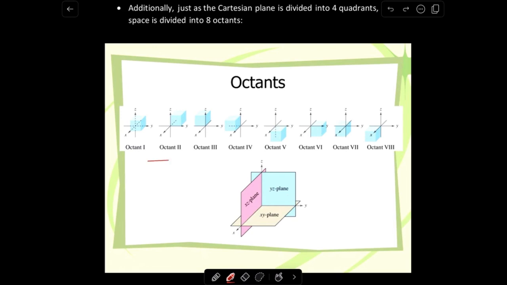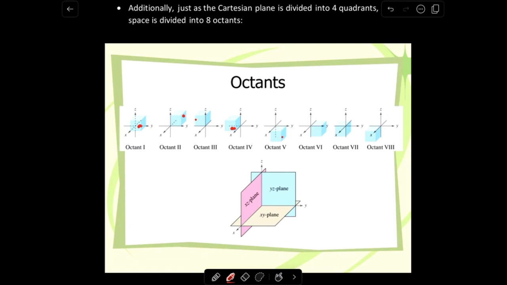And you can see in each of these diagrams, there's your positive x, positive y, positive z. So this first cube that is closest to you, that is octant 1. Then we go to the back, where x is negative, y is positive, and z is positive, that's octant 2. Then we go for negative y, negative x, and positive z, that's octant 3. Then we come to positive x, negative y, and positive z, that is octant 4.